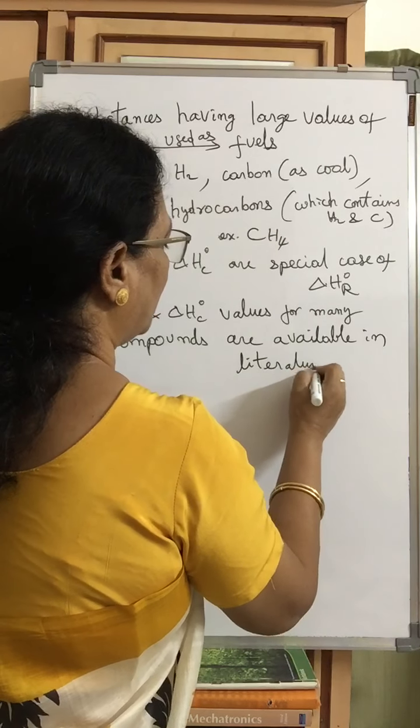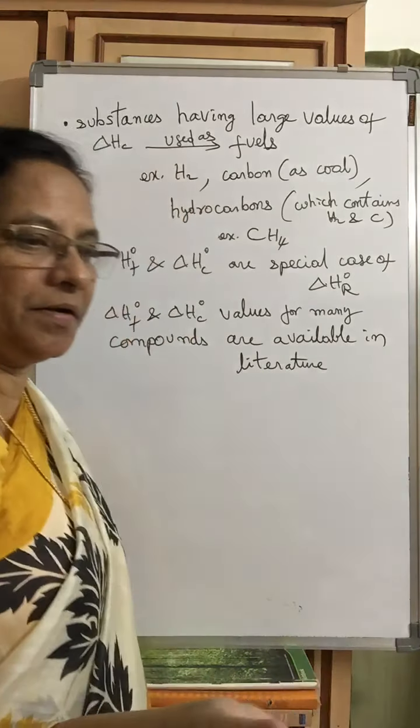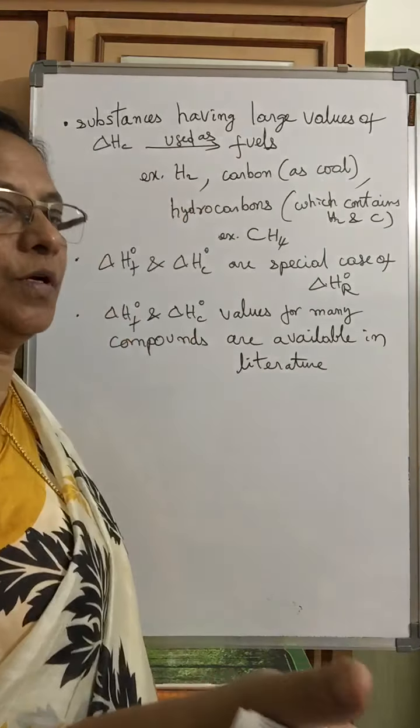If you open any chemical engineering data book, you will find heat of formation data and heat of combustion data for many compounds, and these values can be used to estimate heat of reaction, because it is not possible to measure experimentally the heat of reaction for every reaction. So for many reactions, we can estimate it from these values.